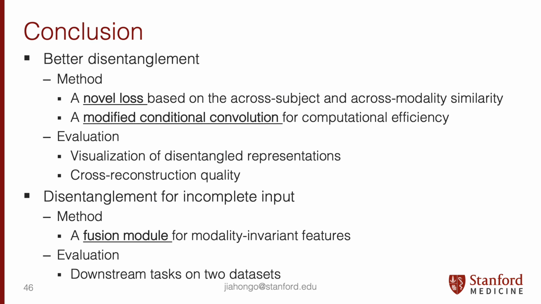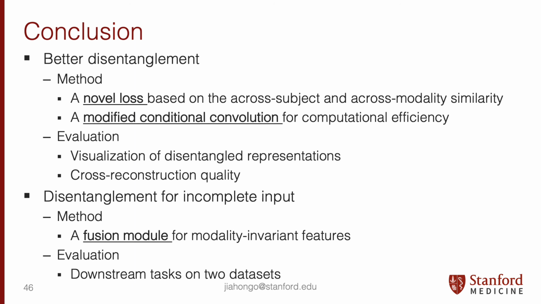In conclusion, we first propose a method for better disentanglement. It consists of a novel loss based on the cross-subject and cross-modality similarity, and a modified conditional convolution for computational efficiency. We evaluated it by visualizing the disentangled representation and the cross-reconstruction quality.